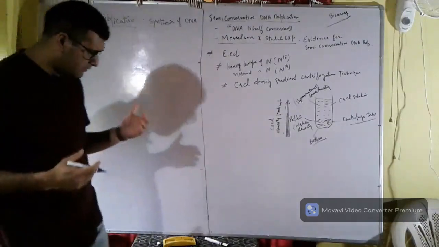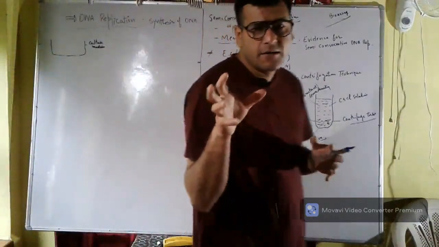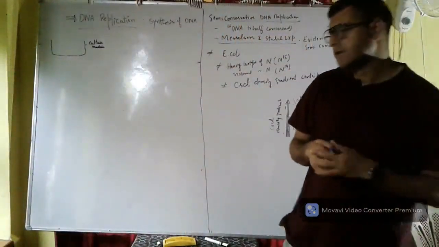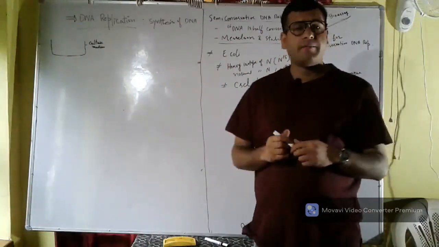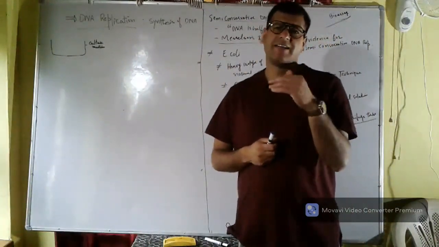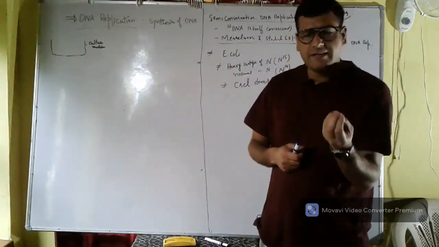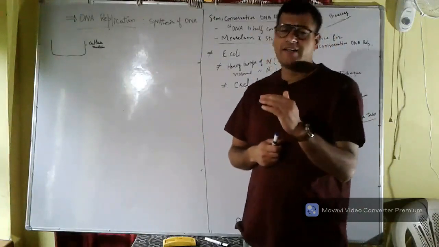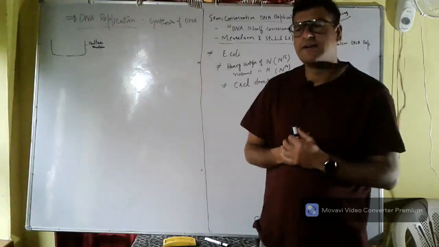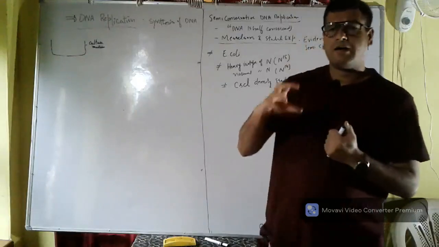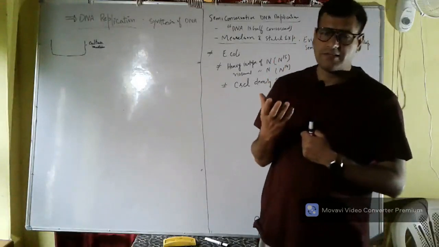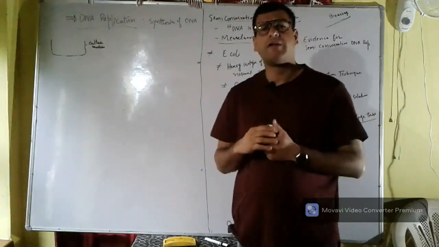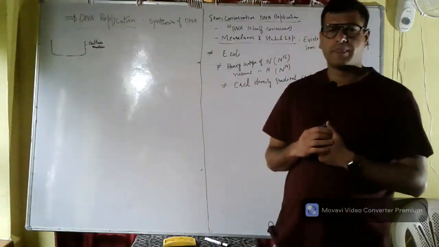Let me first explain what they did in their experiment. In their experiment, they made bacterial DNA, heavy DNA, and bacterial DNA, light DNA, and bacterial DNA, hybrid DNA. That means the bacterial DNA was made heavy by means of the heavy isotope of nitrogen.